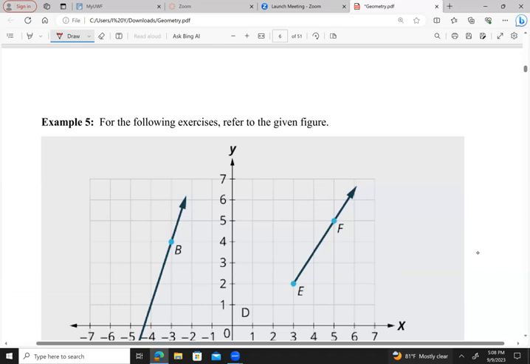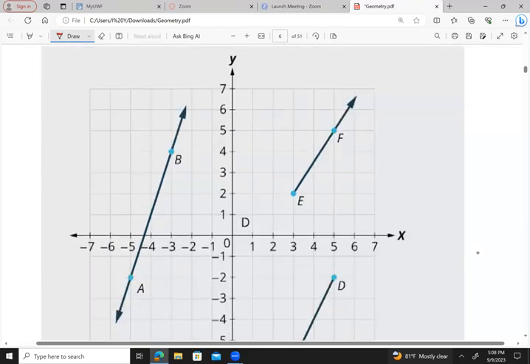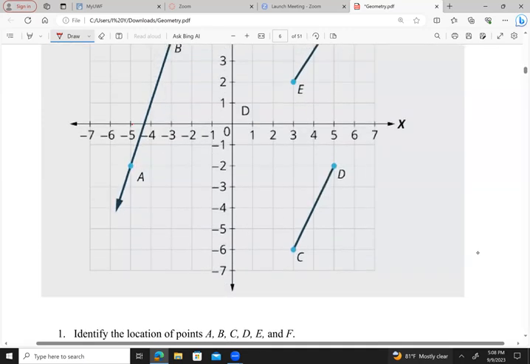Okay, so let's refer to this figure here. So here's point A at -5, -2.